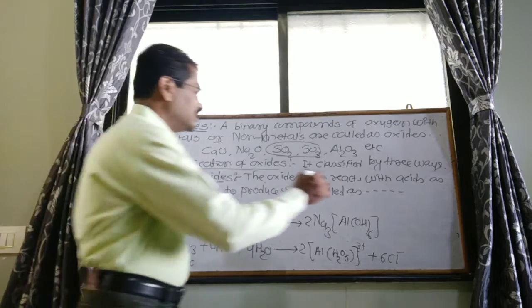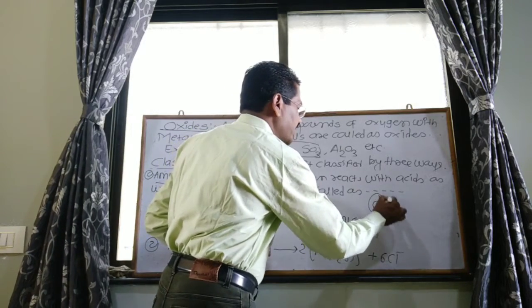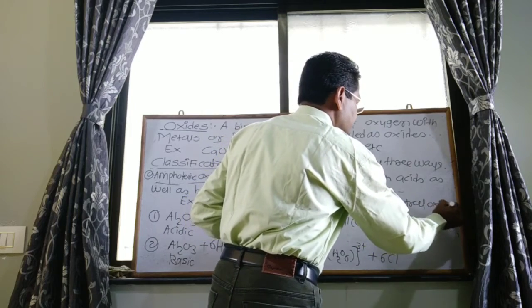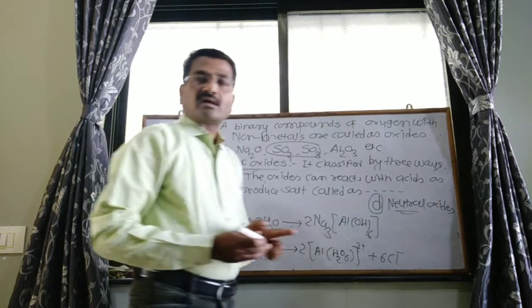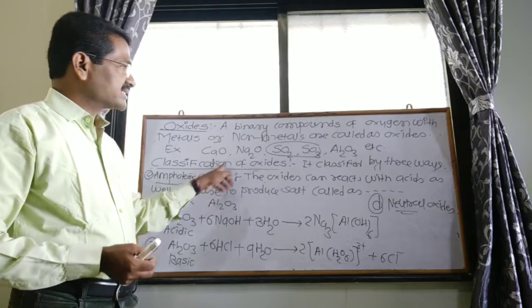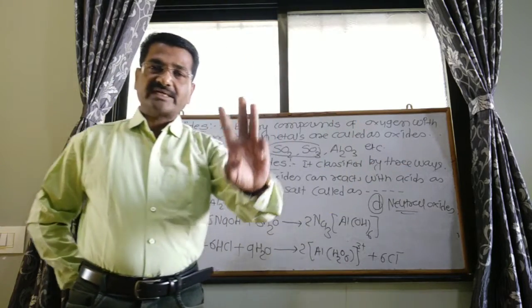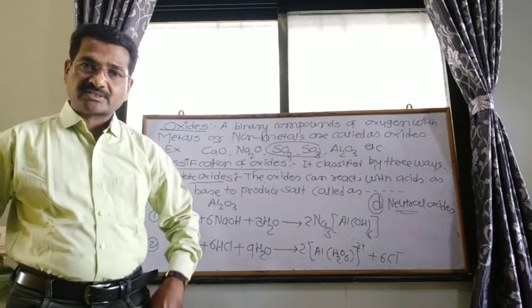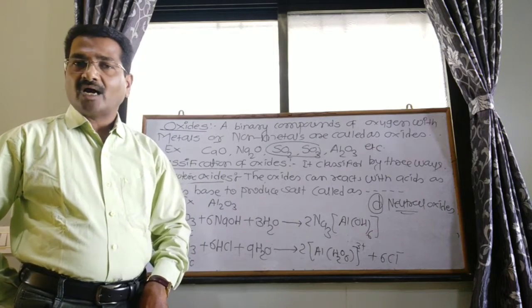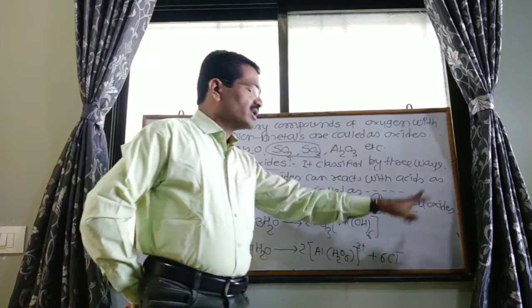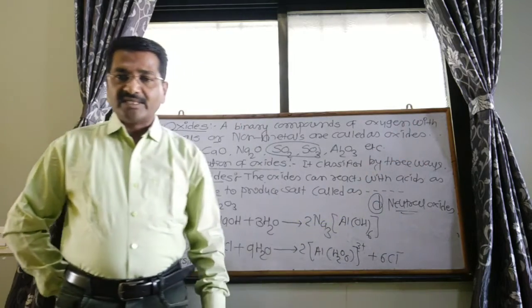And the last one is the neutral oxide. Actually, oxides have only three classifications: acidic, basic, and amphoteric. And another one is added, that is the neutral oxides. What are neutral oxides?